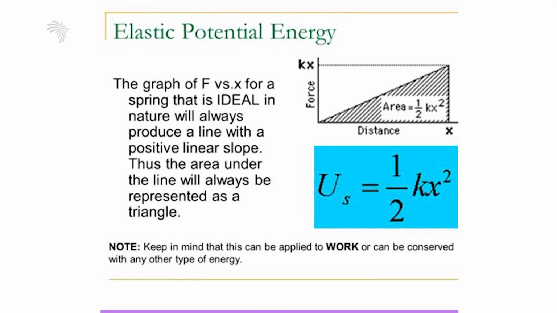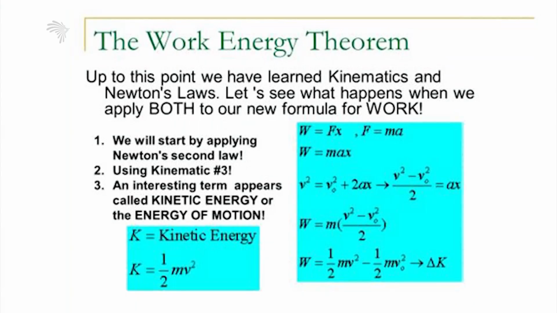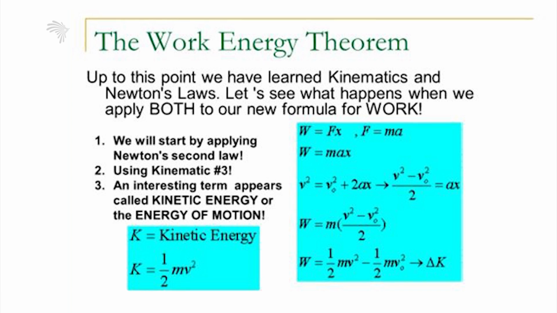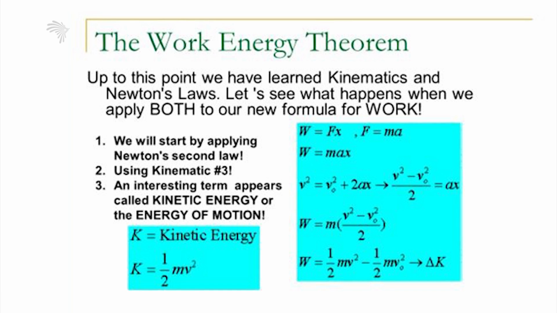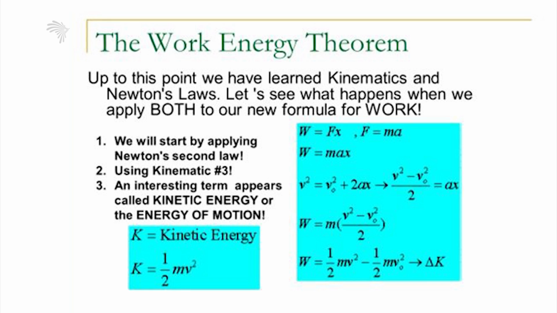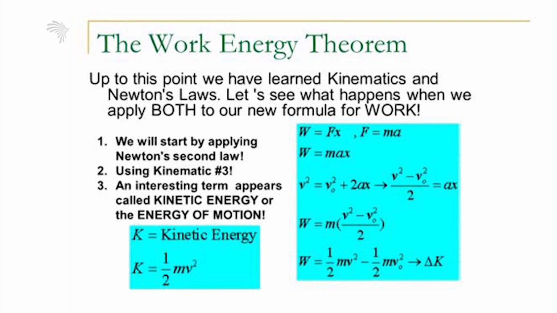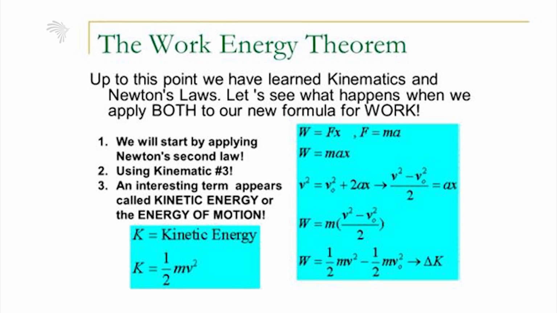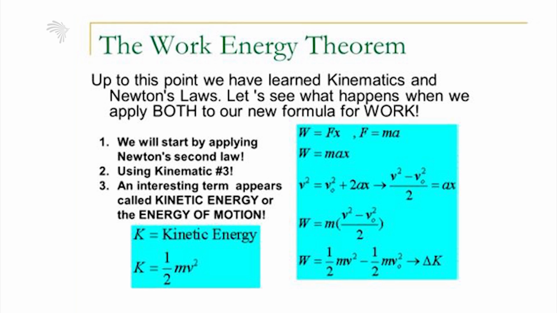Now, so far you have learned about kinematics and Newton's laws in our previous discussions. Now let's see what happens when we apply both to our new formula for work done. Let's assume that we are applying a certain constant force on a block, and that block is displacing with a displacement x in the direction of the force.